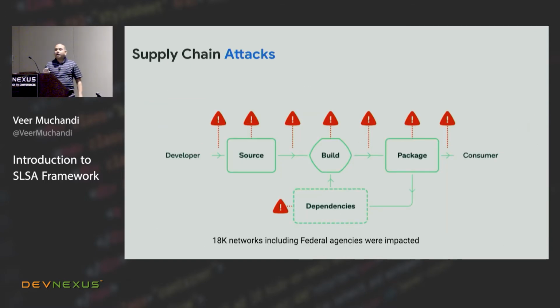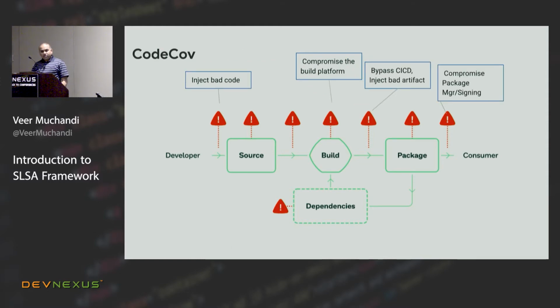Let's think about how these attacks have impacted the software supply chain. So we have the first figure that we looked at. How did these attacks impact our supply chain, right? Let's think about it. So first, SolarWinds. This is that Russian attack. They compromised the build platform. Okay. Codecov attack.